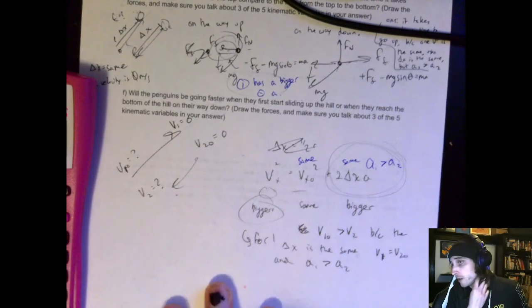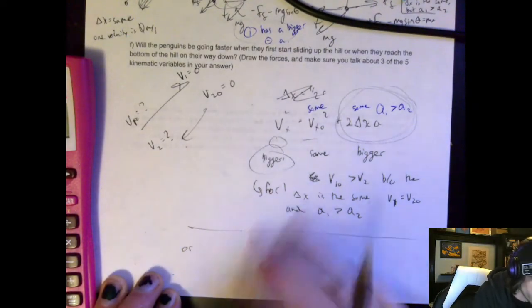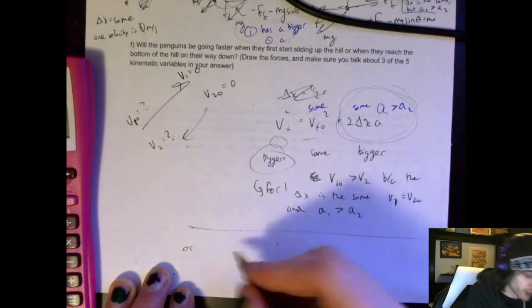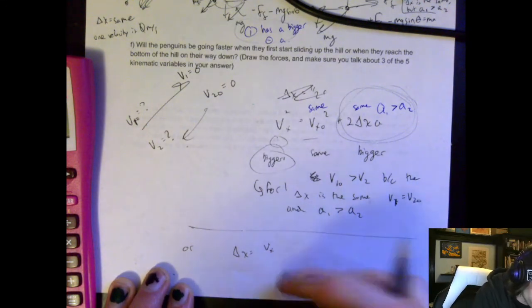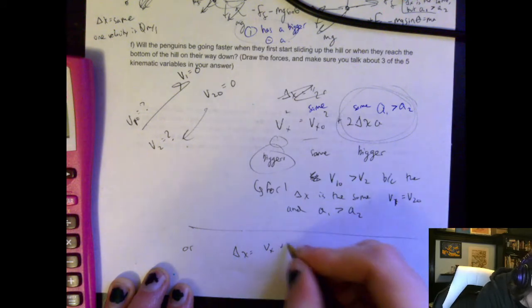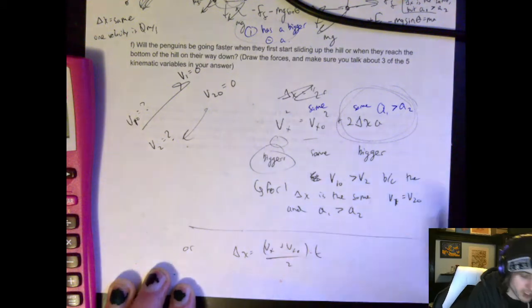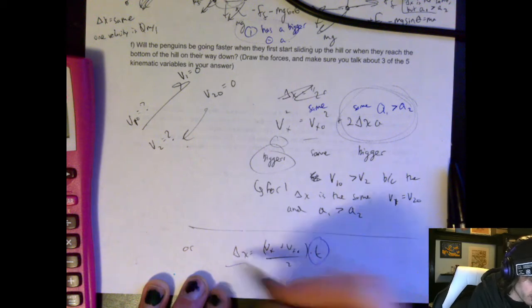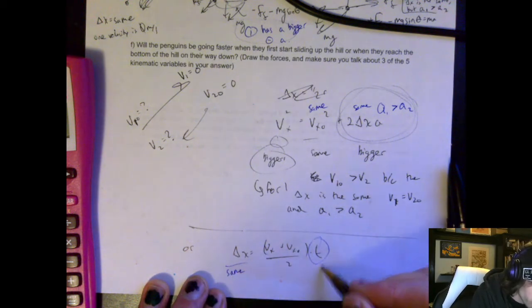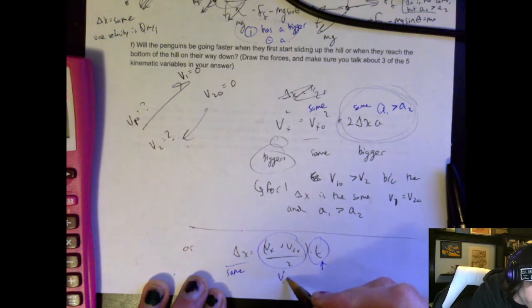An alternate way to do it, or think about it with another equation, would be using the times that you just got for the last part. We could say that their displacement is equal to their average velocity times time. The reason that that one's kind of nice, a longer time to go the same distance means that the average velocity must be lower.